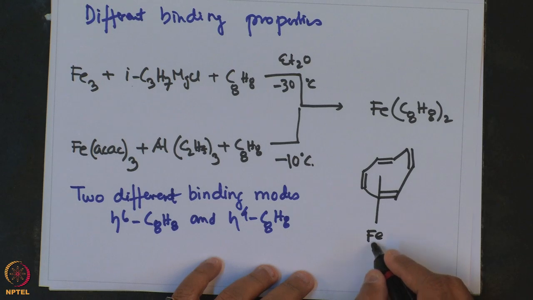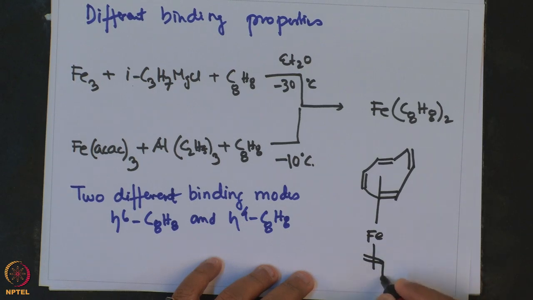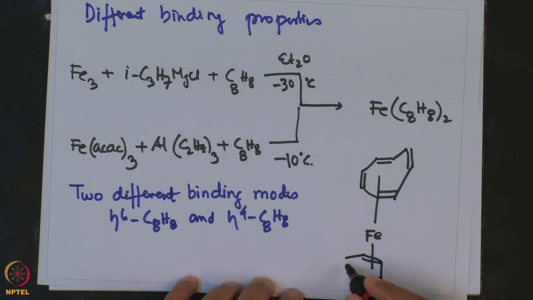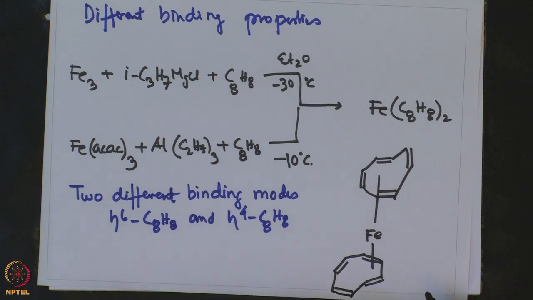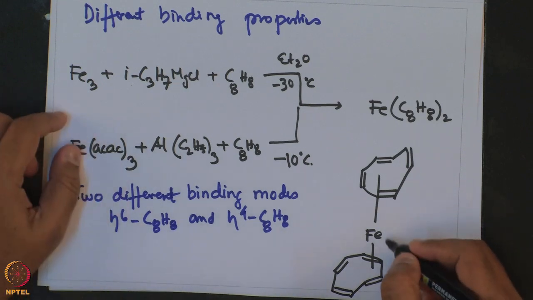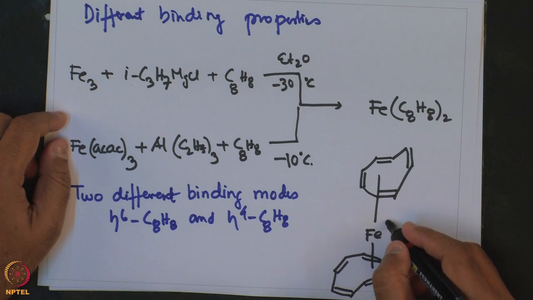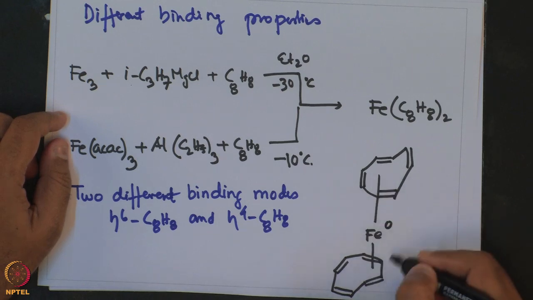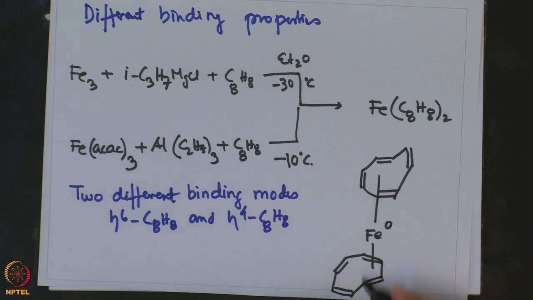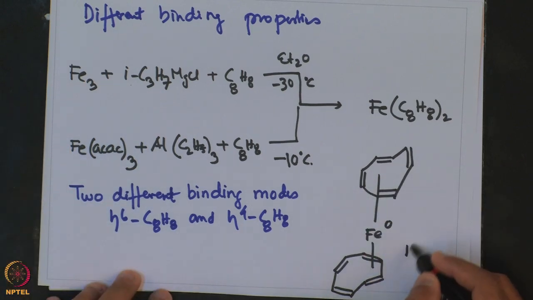Again, the iron over here is in the iron 0 state, and this is an 18 electron compound. This is 1, 2, 3, 4, 5, that is 10, plus 8, which is an 18 valence electron compound.